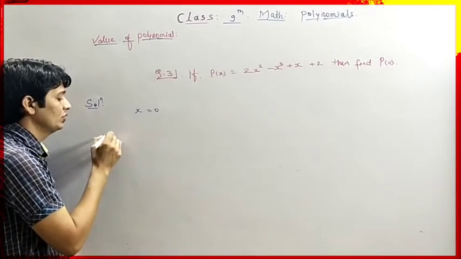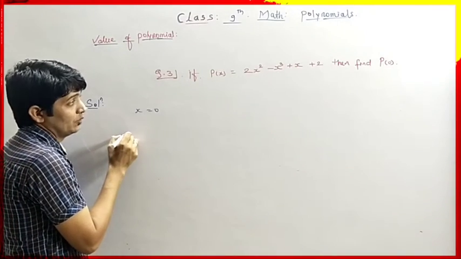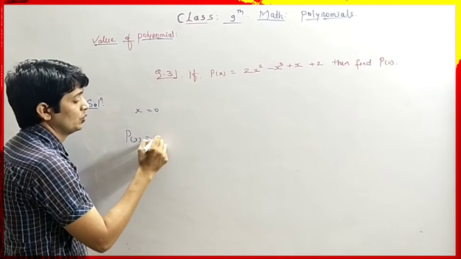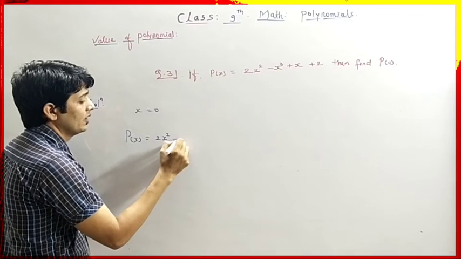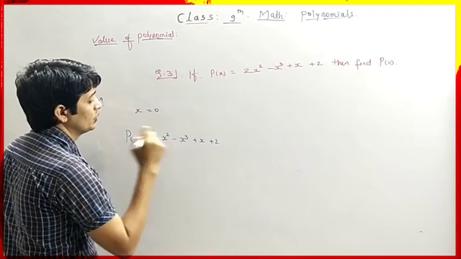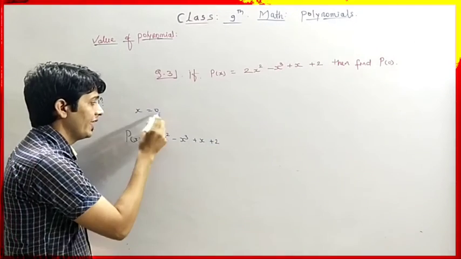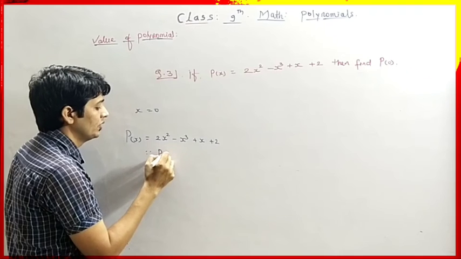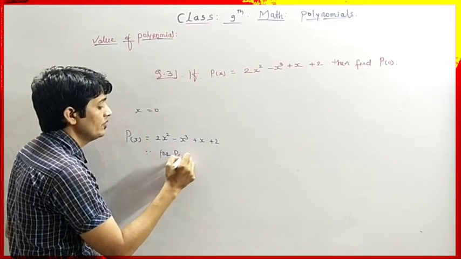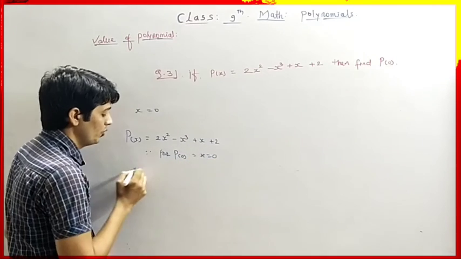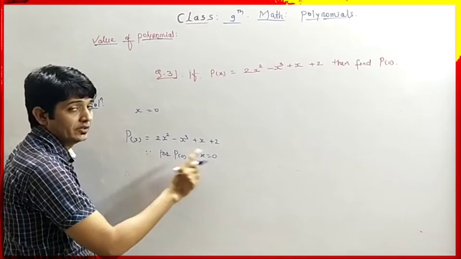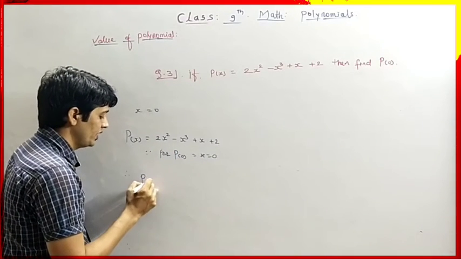We have to write the polynomial first: p(x) equals to 2x square minus x cube plus x plus 2. Now here x equals 0, therefore we have to put 0 instead of x.